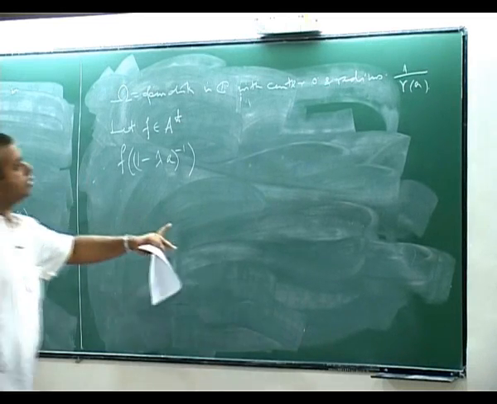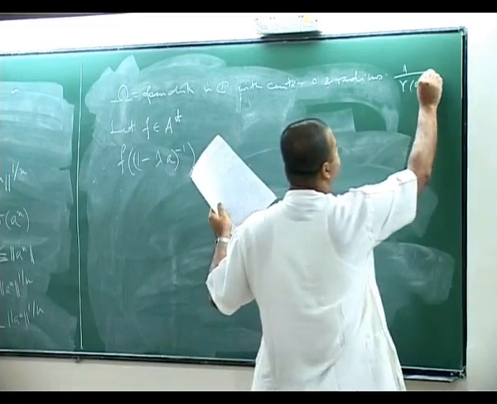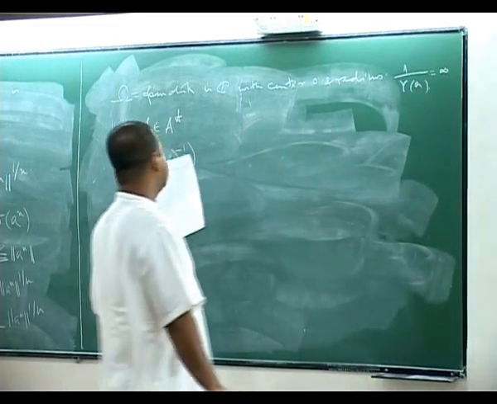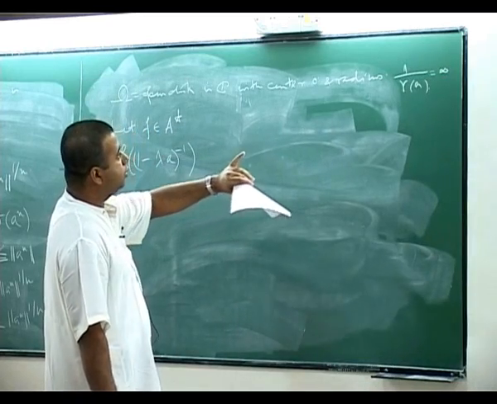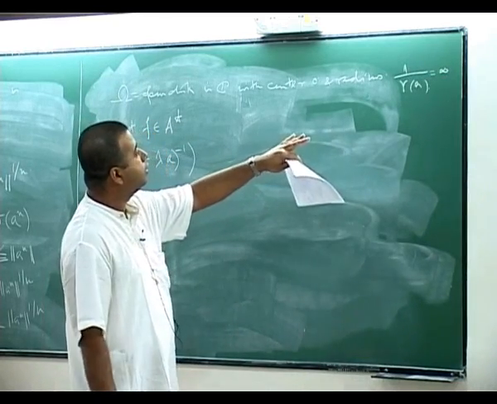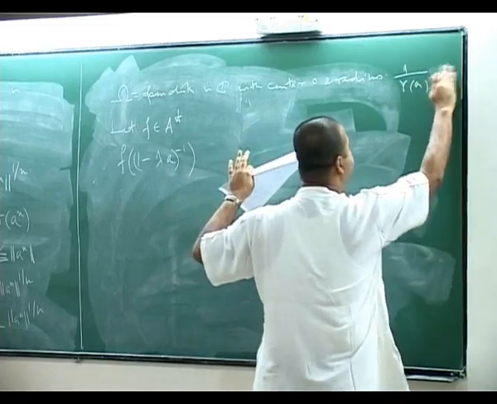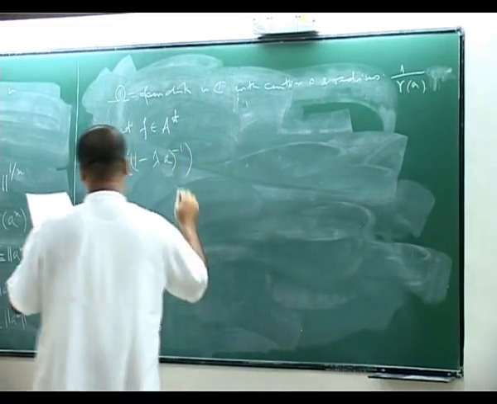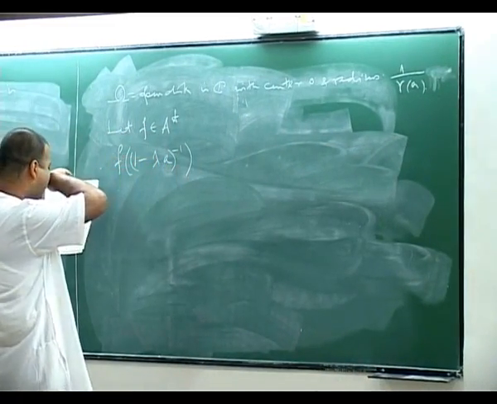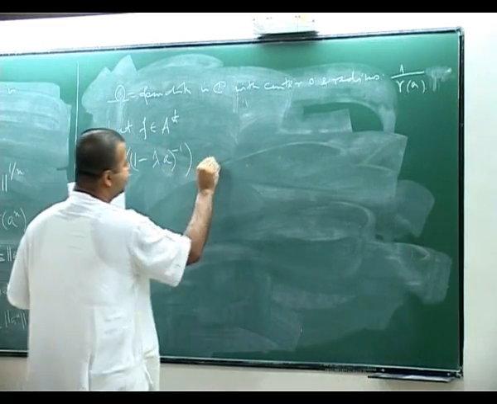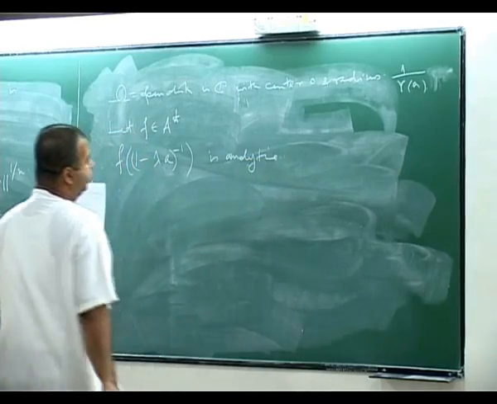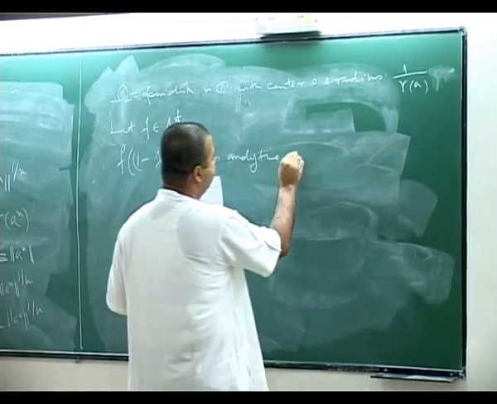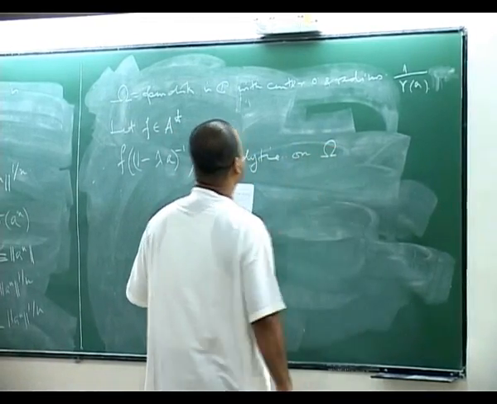You allow it to be infinity also. If R(A) is 0, you will call the radius infinity, otherwise it will be the whole complex plane. So f(lambda) = (1 minus lambda A) inverse is analytic on omega.